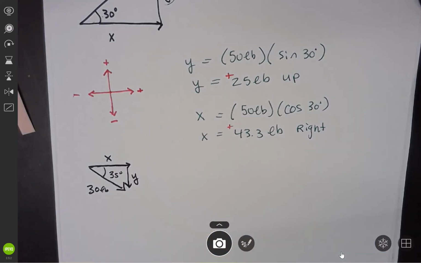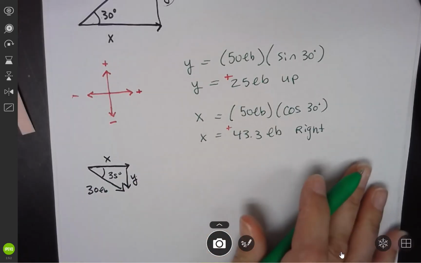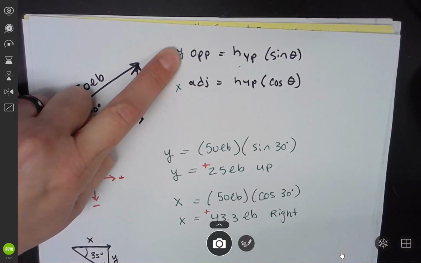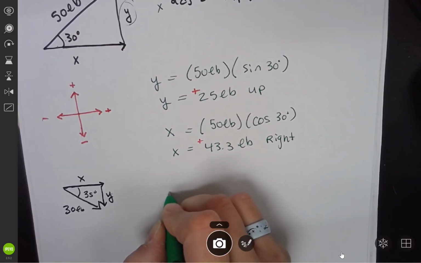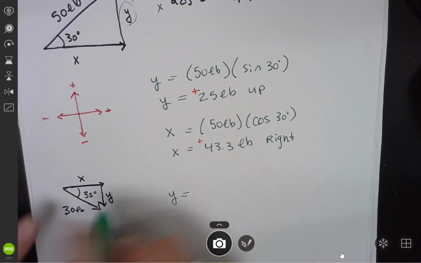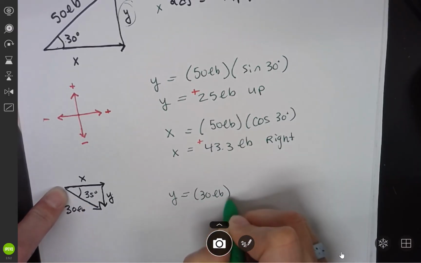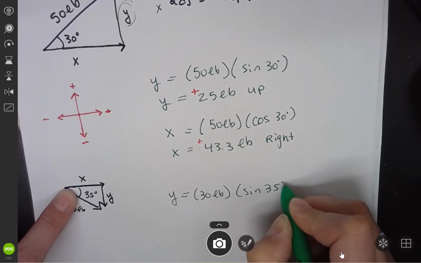So, using my calculator, to find the y, which is opposite, and it turns out it's the same up here, my y is going to be equal to the hypotenuse times the sine of the angle. So y is going to be equal to the hypotenuse, this is 30 pounds, times the sine of the angle, which is now 35 degrees.